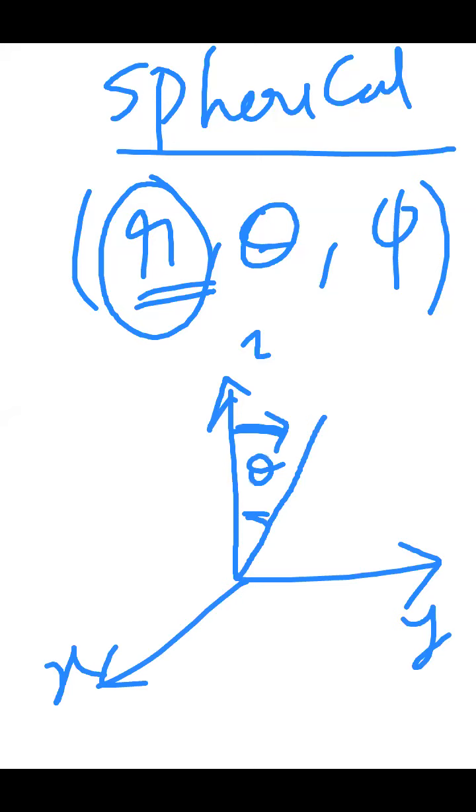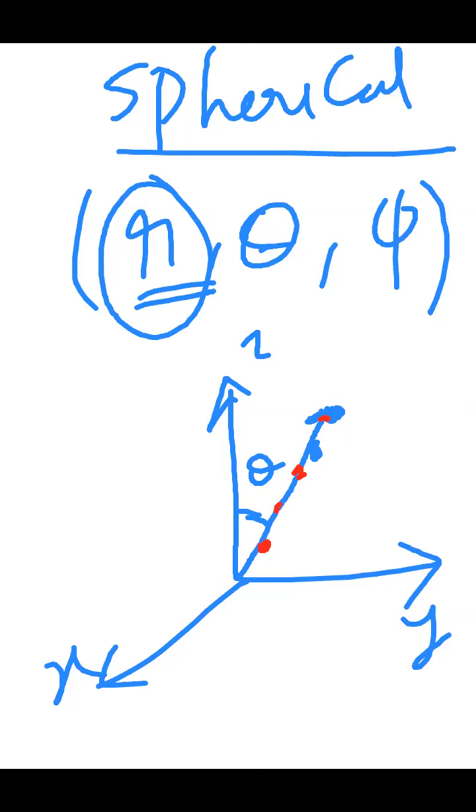Once I draw a line like this, say my point is here, then what is my theta? Theta will not vary. Even if I choose the point here, my theta is the same. I can choose a point anywhere on this line. What will not change?